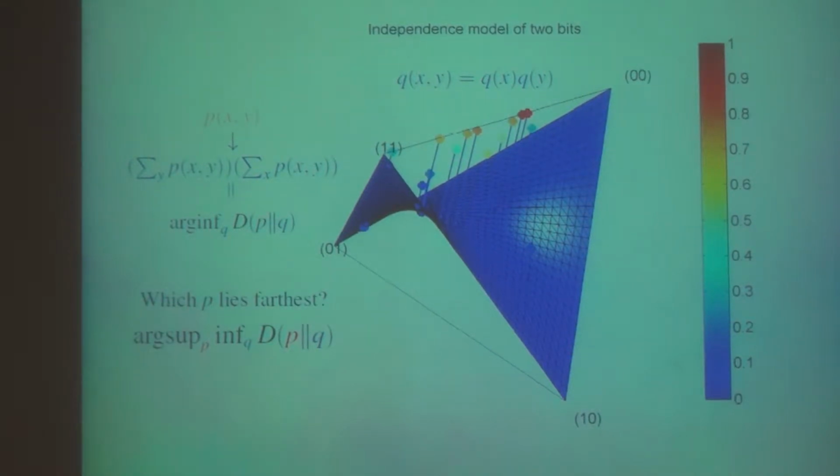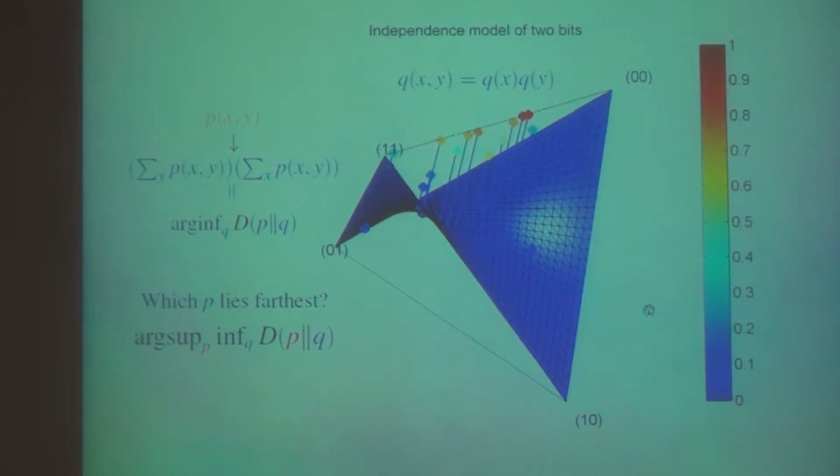And I can ask which target distribution is farthest. So there is a 2-step thing going on. First a minimization with respect to the surface, and then a maximization with respect to the entire probability simplex. So if I want to find the points that are farthest away from being independent, I have to do 2 things.